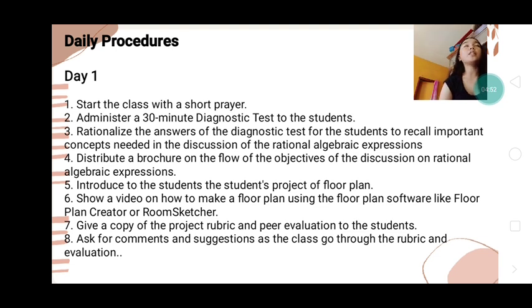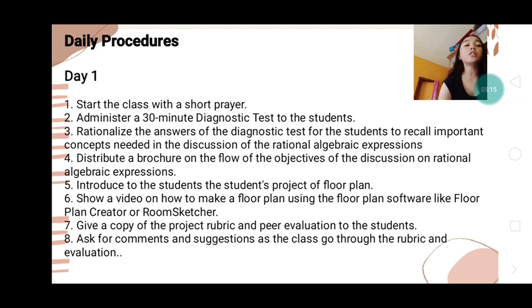Third, rationalize the answers of the diagnostic test for the students to recall important concepts needed in the discussion of rational algebraic expressions. Then, distribute a brochure on the flow of the objectives of the discussion on rational algebraic expressions.